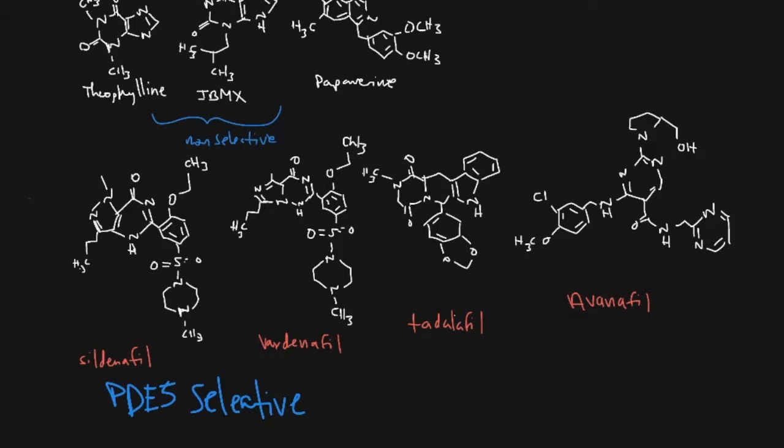So the way I remember these structures is let's see, sildenafil sounds like sit, and these 2 nitrogens sit next to each other at the top, the ones I circled in red. So sit, 2 nitrogens sit next to each other at the top.